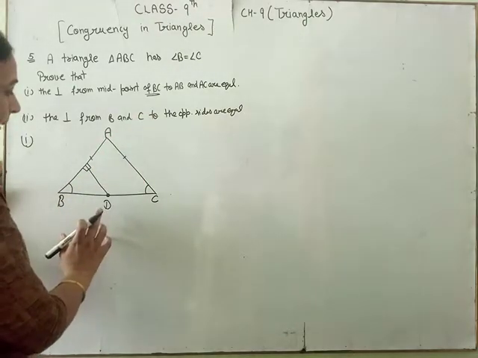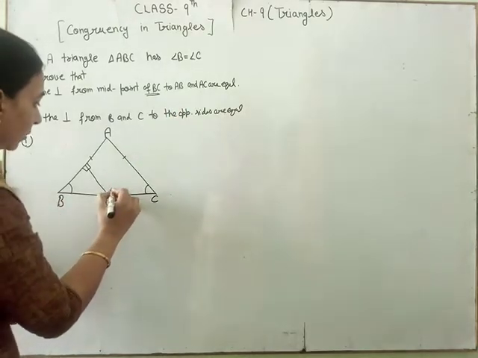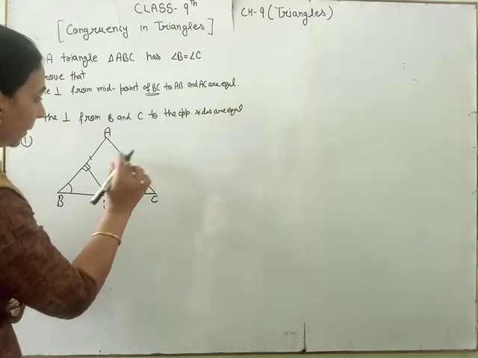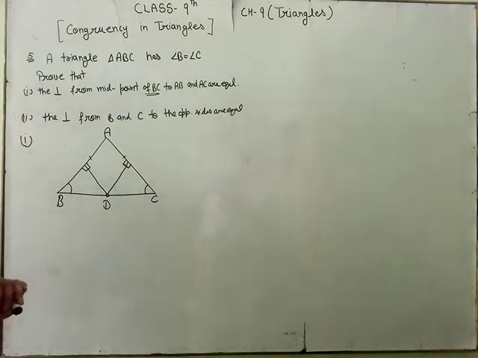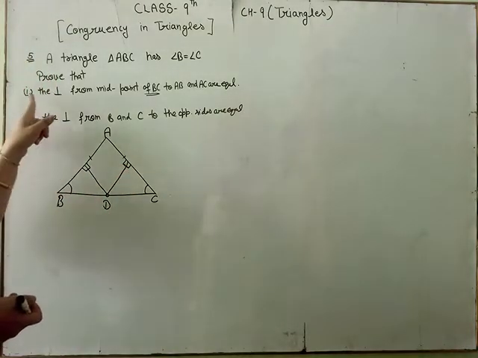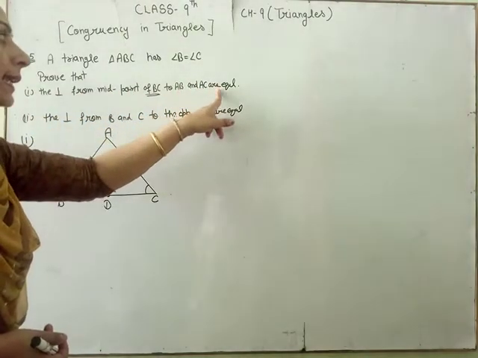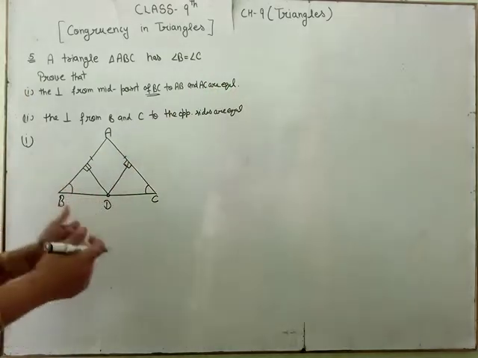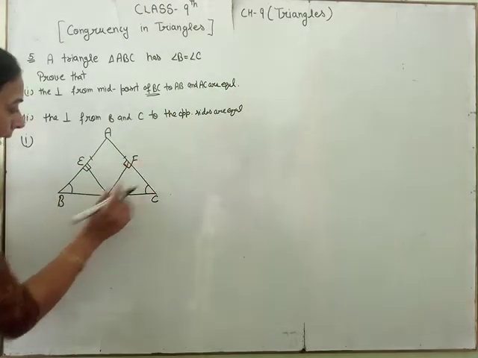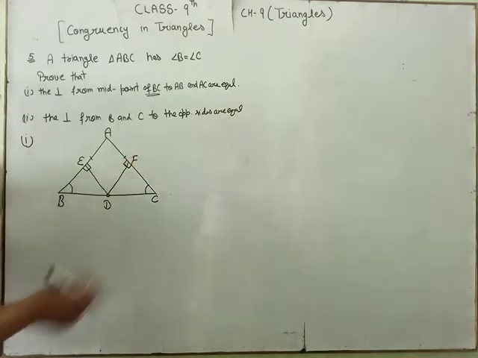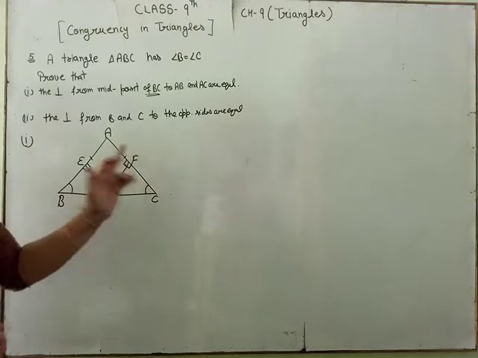Same, perpendicular from D on side AC, this is a perpendicular. This is given, and we have to show this: the perpendiculars from the midpoint of BC to AB and AC are equal. This is E and this is F. We have to show that DE equal to DF.